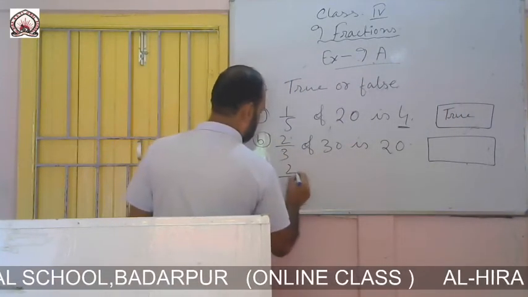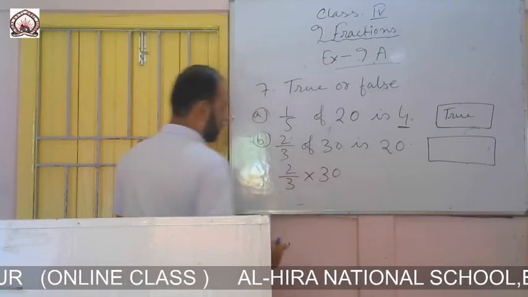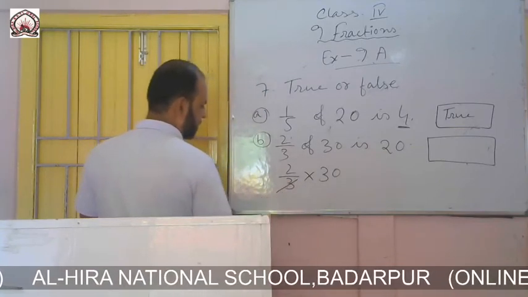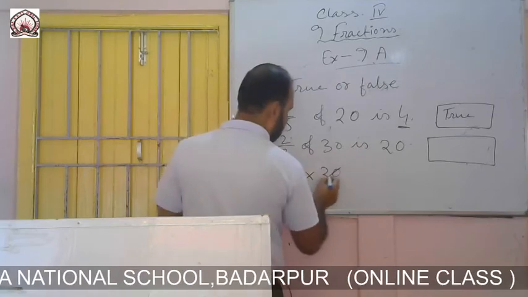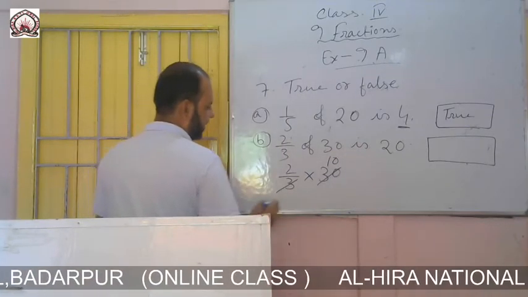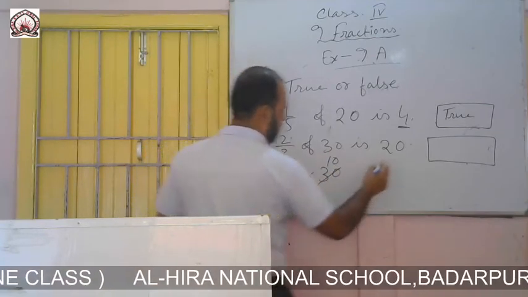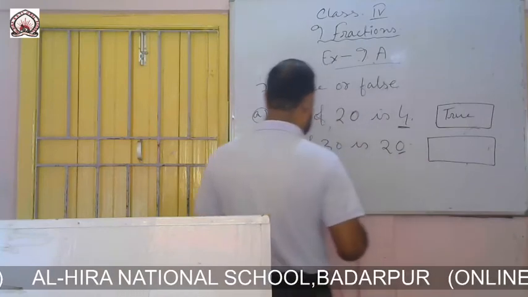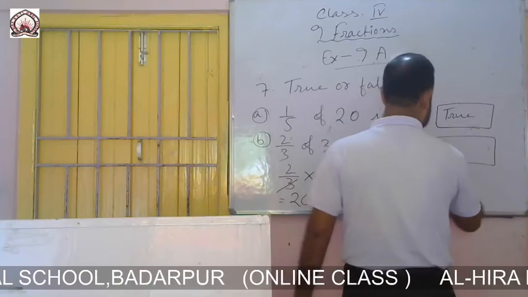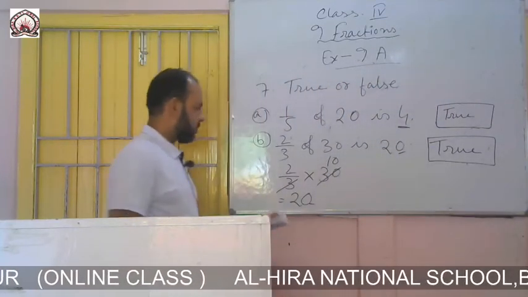So 2 by 3 into 30, we cut or reduce: 3 tens are 30. So 2 tens are 20. Yes, here also 20, there also 20. So question number B is also true.